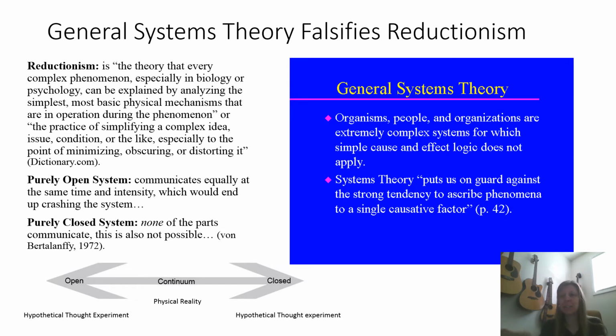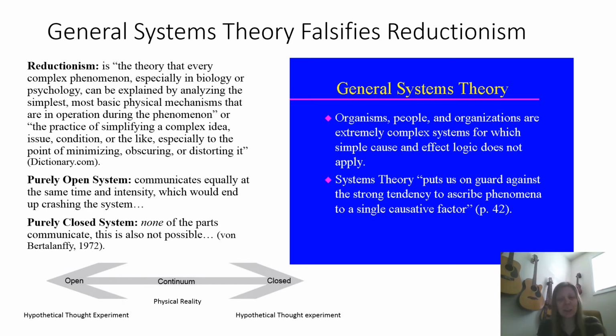On the one hand is the purely open system, and on the other is the purely closed system. These are hypothetical because they cannot exist in the physical world. For example, every part in the purely open system communicates equally, at the same time, and intensity, which would end up crashing the system. In the purely closed system, none of the parts communicate. This is also not possible in the physical world. In a hypothetical, purely closed system, however, the concept of reductionism is possible.